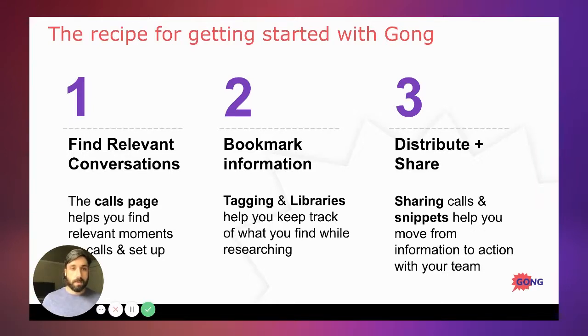And I showed you how to do that using the call page. Next, Gong is going to help you organize that information, create bookmarks. You can add tags, you can build libraries that help you keep track of what you find while doing that research. And finally, Gong will help you distribute and share those important moments, that research, so you can help your team move from information to action.